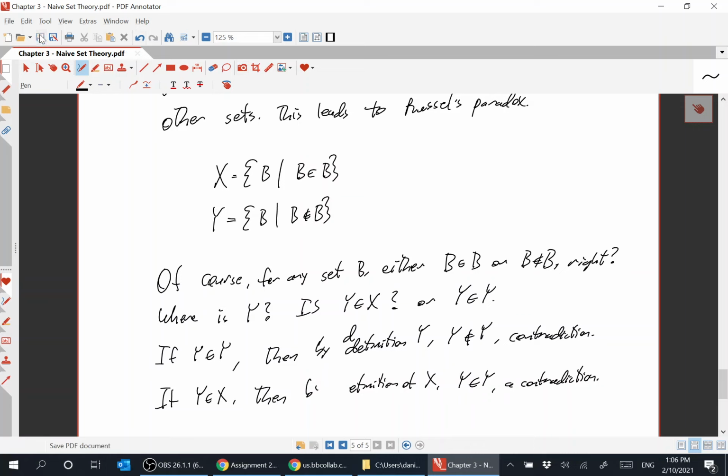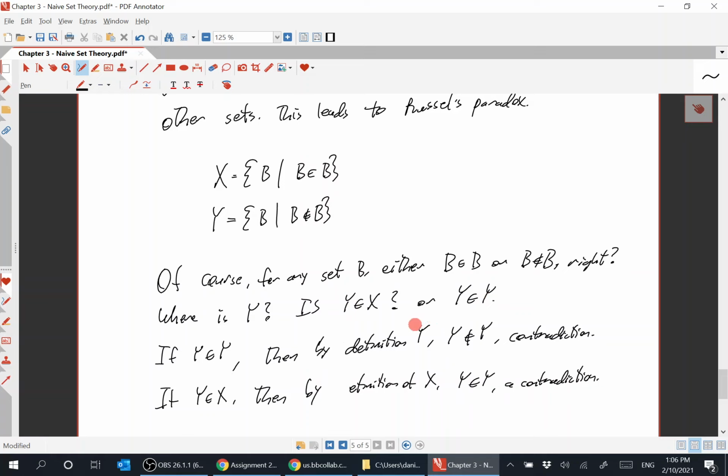But then the problem is, what about Y? Is Y in X or is Y in Y? Well, if Y is in X, that means by the definition of X, Y is an element of Y. But wait, hold on.